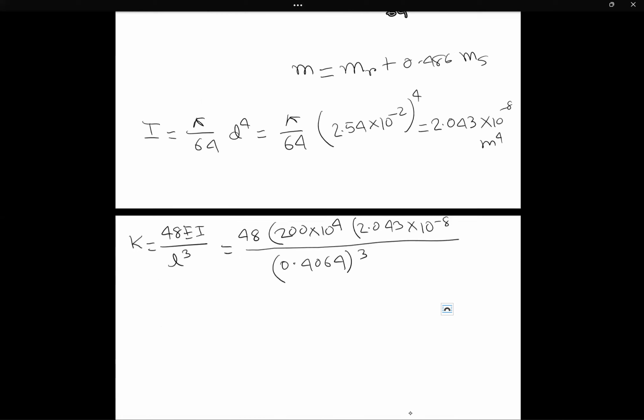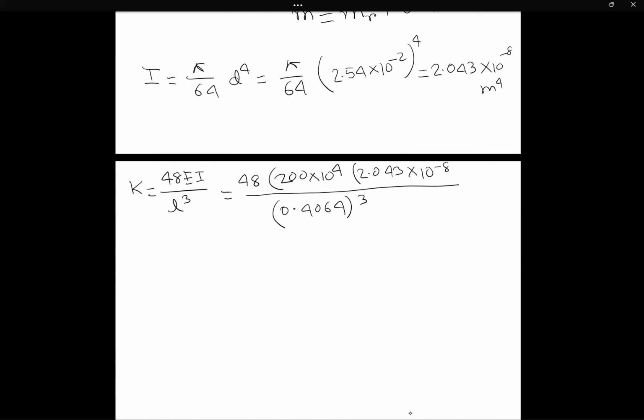So that's our L. Now we will get the value of K as 2.922 times 10 to the power 6 Newton per meter.